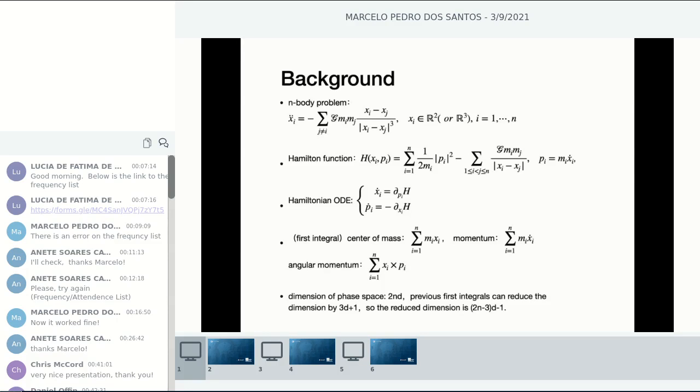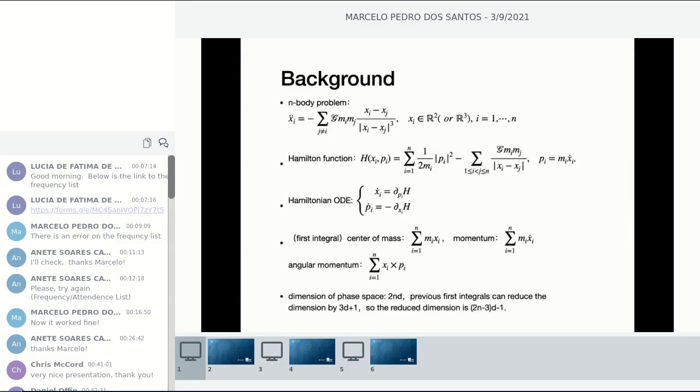And basically, for this problem, there are three different kinds of first integrals. The first is the center of mass, which is the sum of m_i times x_i. Also the momentum is the sum of m_i times the velocity, and the angular momentum is the sum of the wedge product of x_i and p_i.